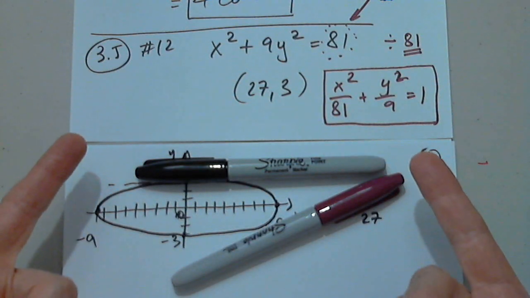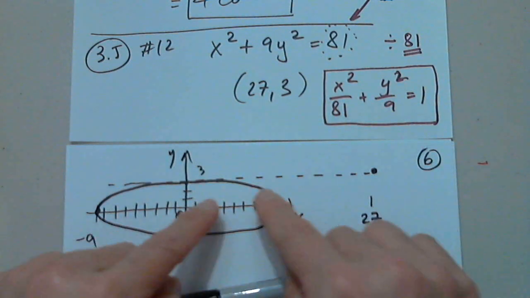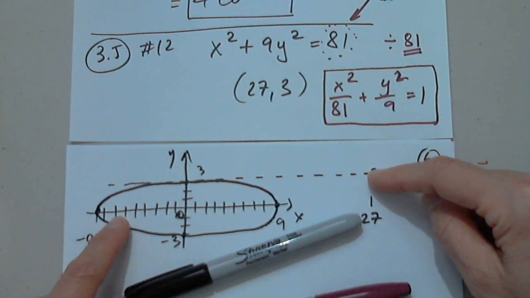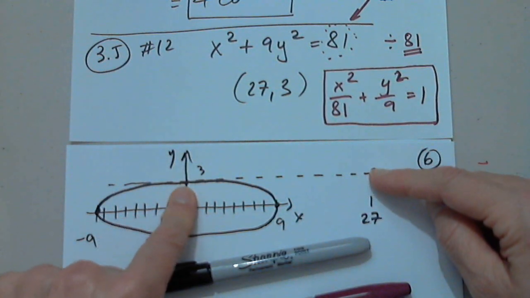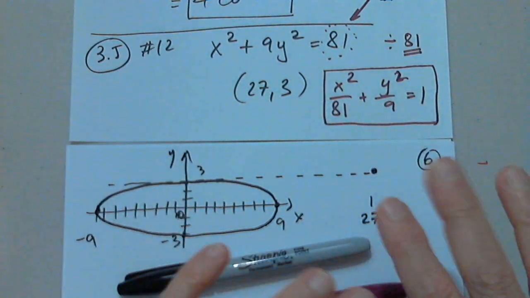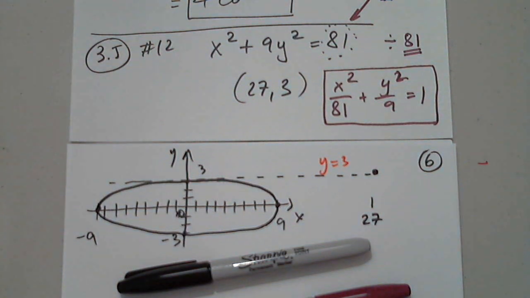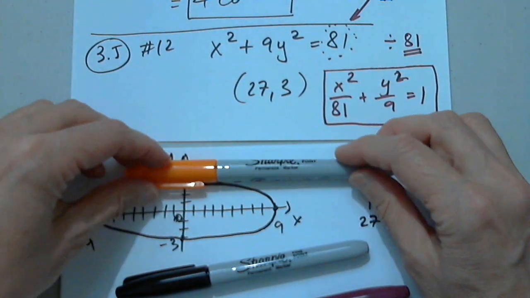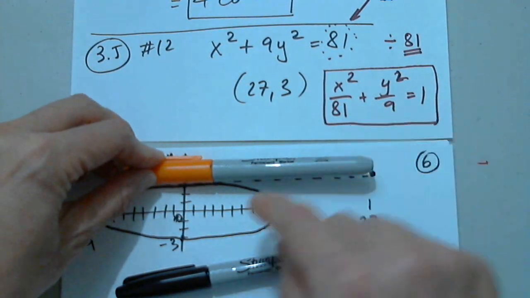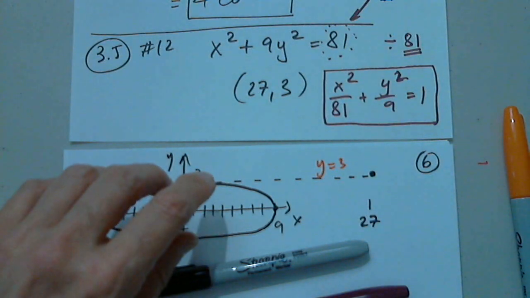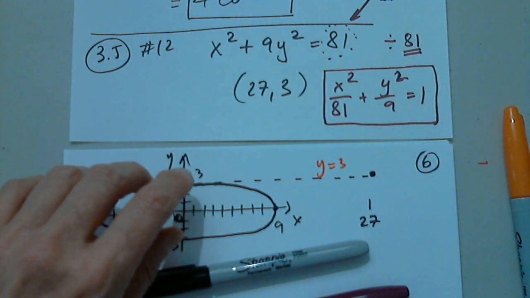I already found one. What is this line? It passes through the point 27, 3, and it's also tangent. But this is just a specific situation. So we already know that one answer is this. It's the equation of the tangent line to the ellipse passing through this point. No questions there. I'm looking at the time here.